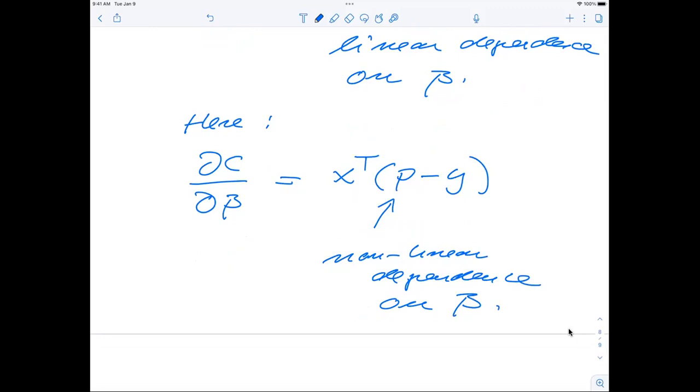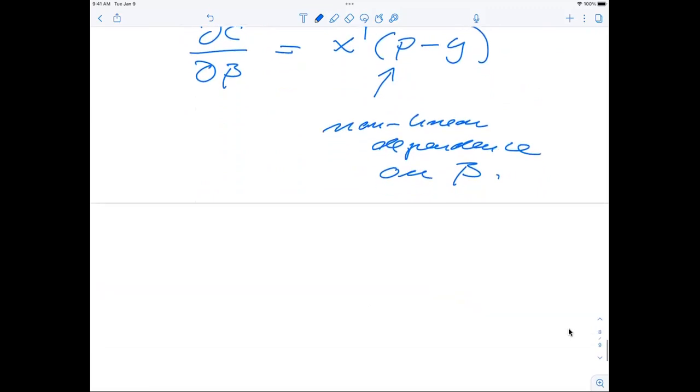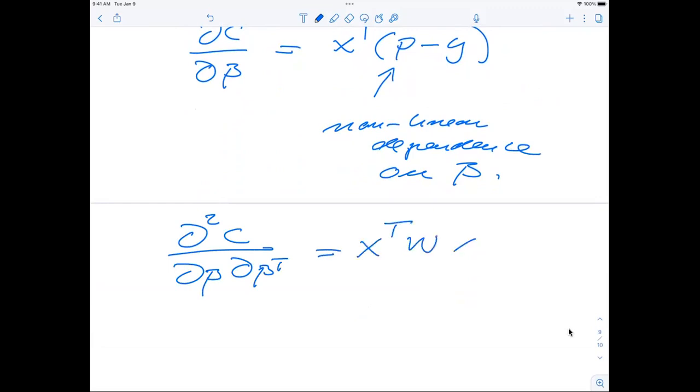Now, there's one thing I wanted to list for you before we take a break. We can calculate the second derivative in terms of the parameters beta, and that's going to be given by this quantity. Compared with what we had earlier, this will now depend on a matrix W, which has only diagonal elements.